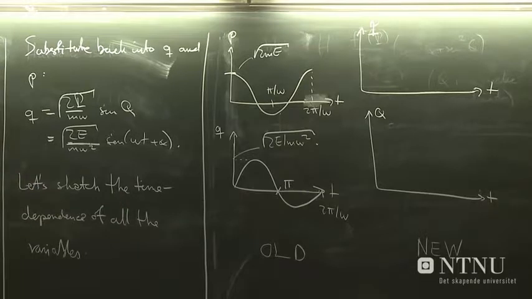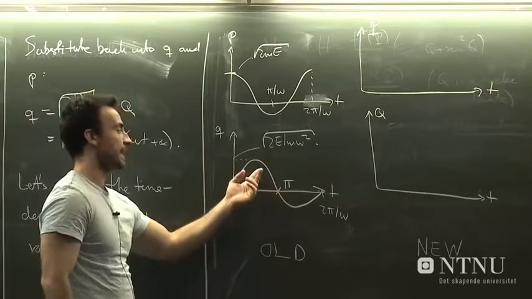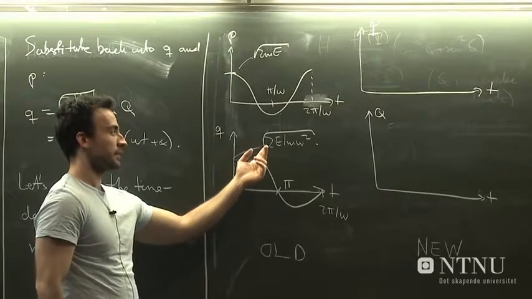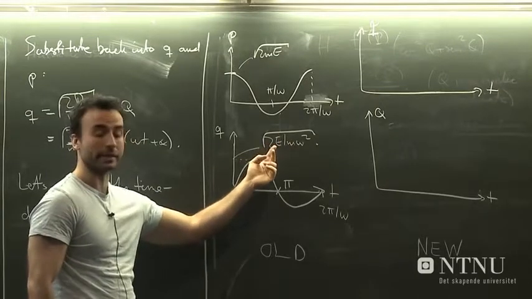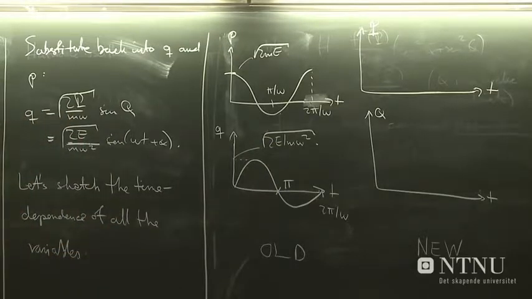So it corresponds to a situation where at time equals 0 we have the harmonic oscillator at the origin. Then we know that q should look like this, with a maximum amplitude provided by this. So with increasing energy, the maximum amplitude increases as a root of the energy.